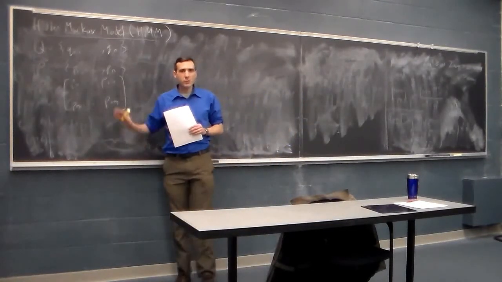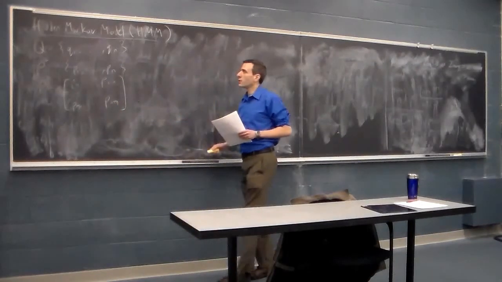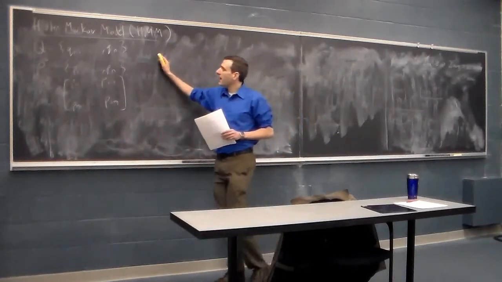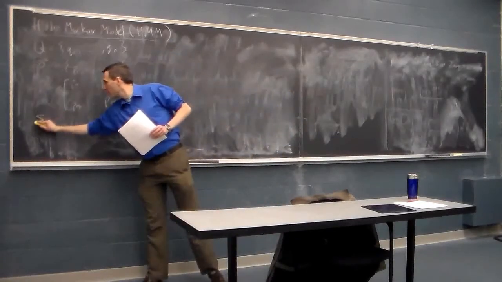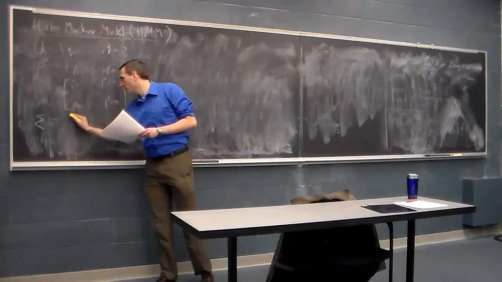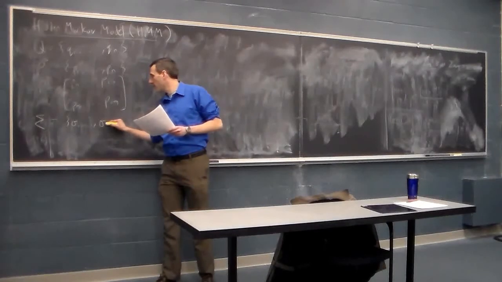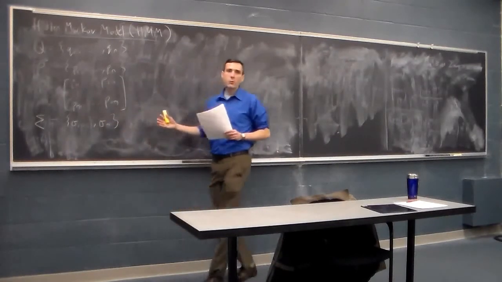So a hidden Markov model begins with these features, but then extends them with two additional components. First, it adds a set sigma, which we refer to as the alphabet of the model, consisting of little sigma 1 up to little sigma m. This is known as the output alphabet.